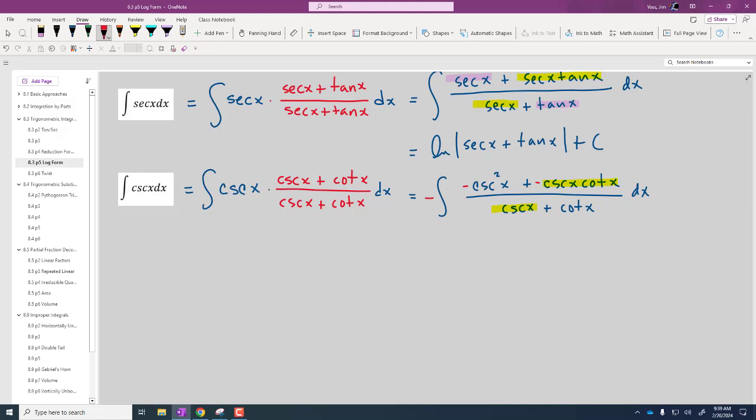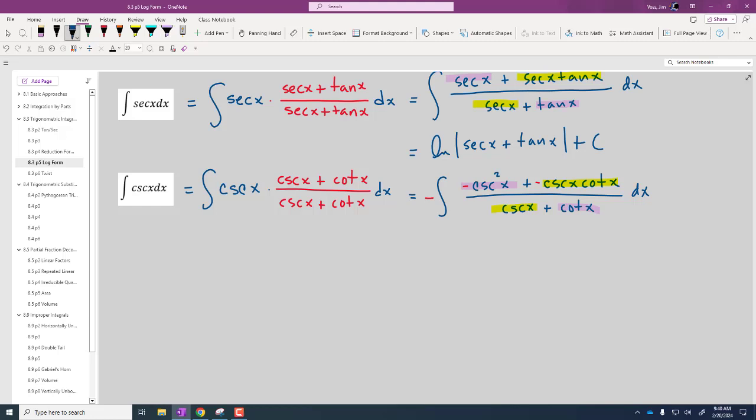If you put your minuses in the denominator originally, you can think of it as factoring out that minus from the denominator to get it into log form. So either way, you're going to have to do a little manipulation. Now this is in log form, though. The derivative of cotangent is minus cosecant squared. So now we have it in the form we want.